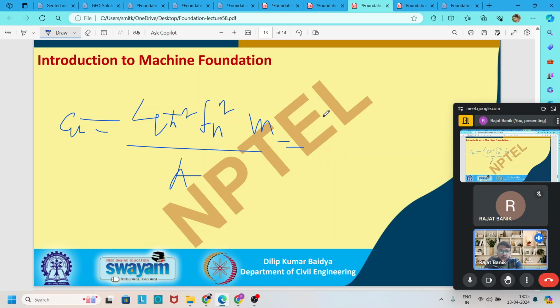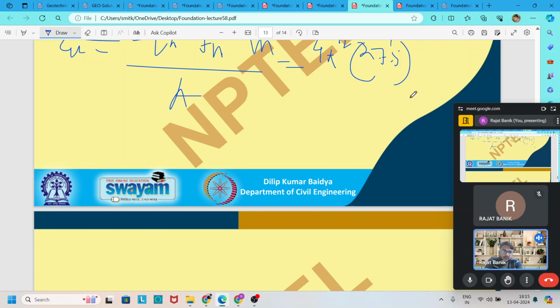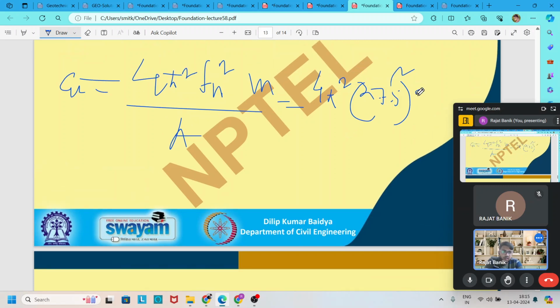So 4 pi square Fn square, Fn is 27.5, whole square, m is 8 divided by 9.81, and A is 0.4 square.